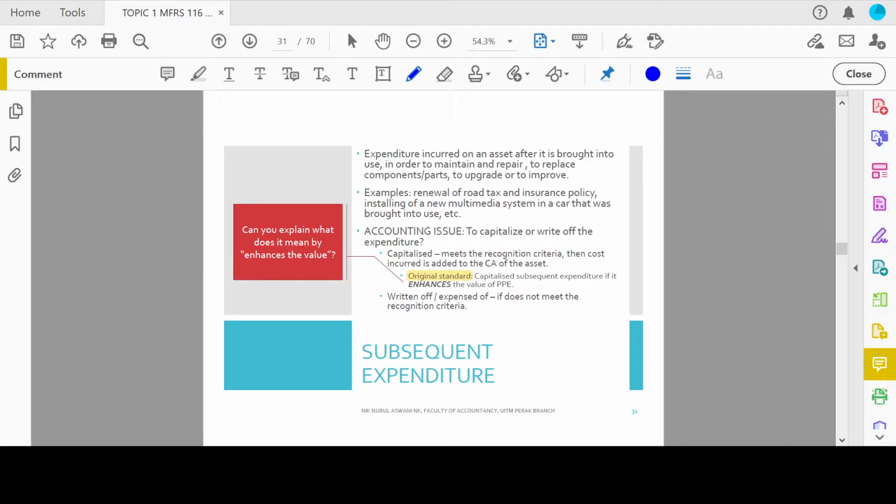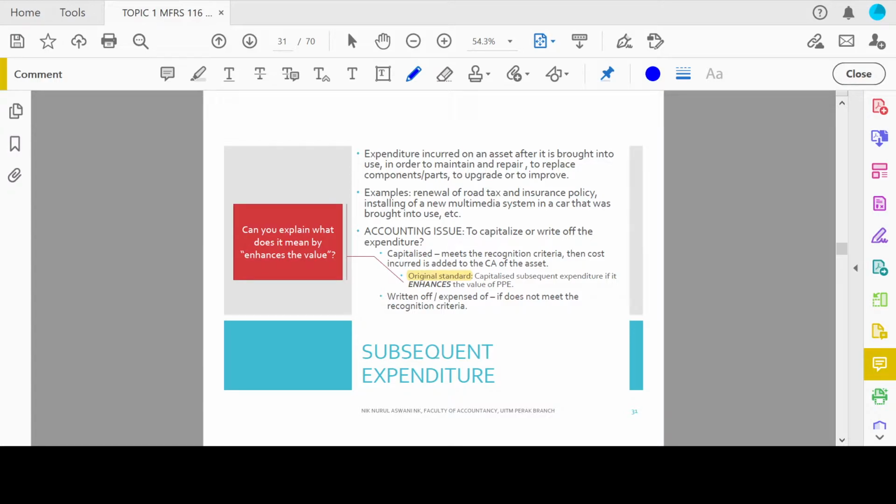Subsequent expenditure is an expenditure incurred on an asset after it is brought into use. It means that after you have previously recognized an item as an asset and recorded it, any additional cost that you incur after that, maybe in the following year or maybe in the same year, for the purpose of maintaining, repairing, replacing, upgrading, or improving the asset, we need to record.